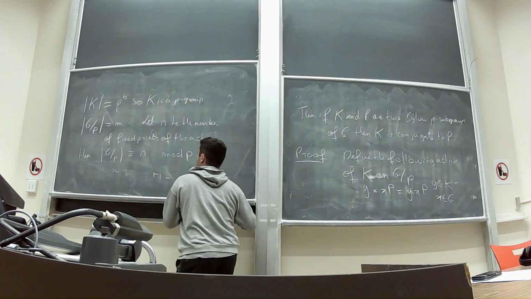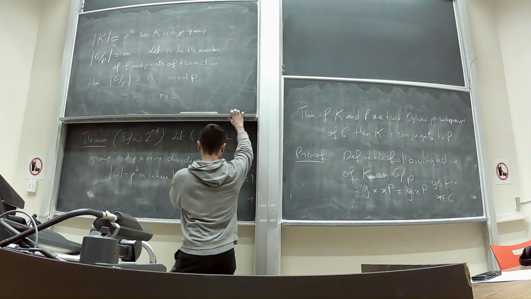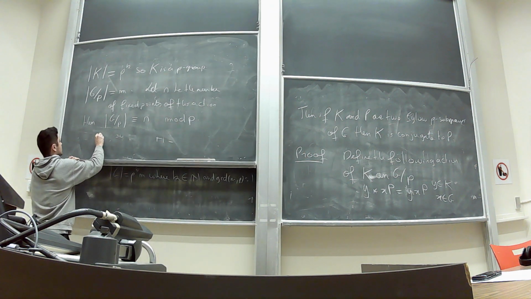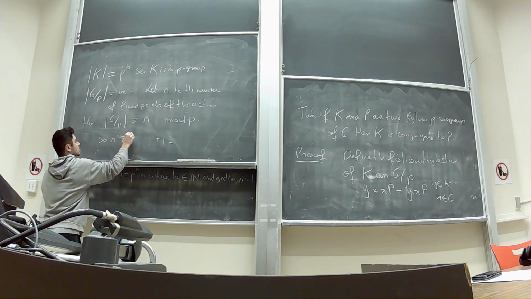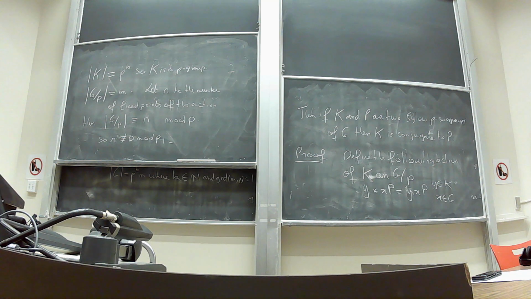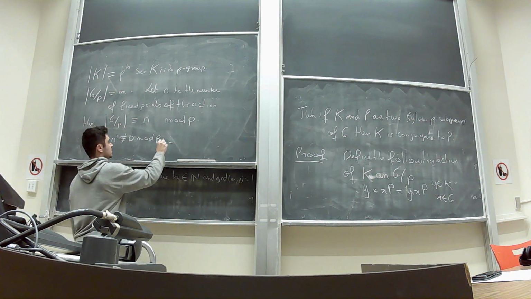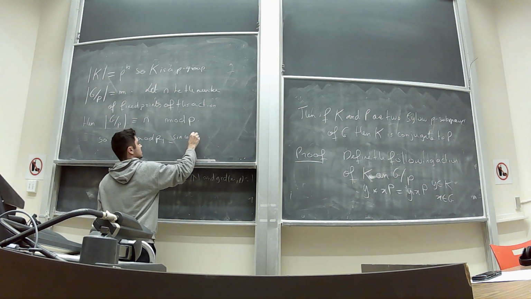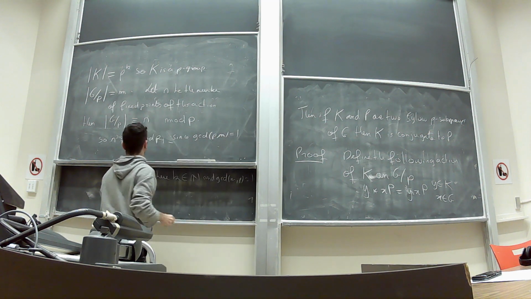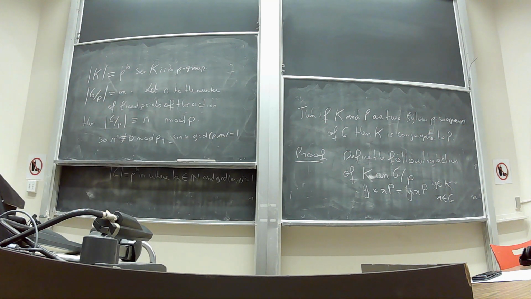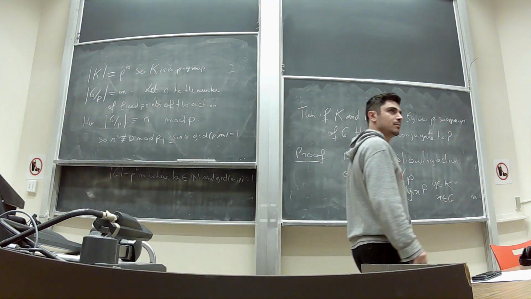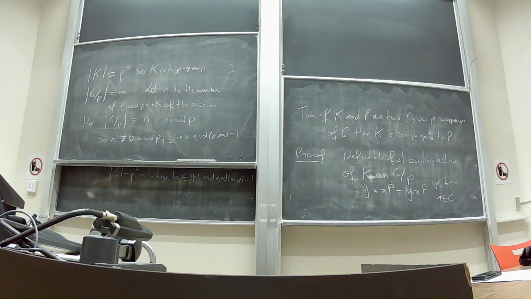No. M is not divisible by P. So N is not congruent to 0 mod P, since the GCD of P and M is 1. Agree or not? Everybody? We're good?